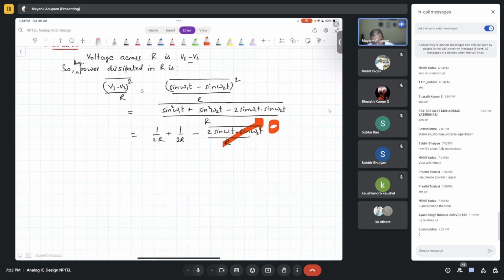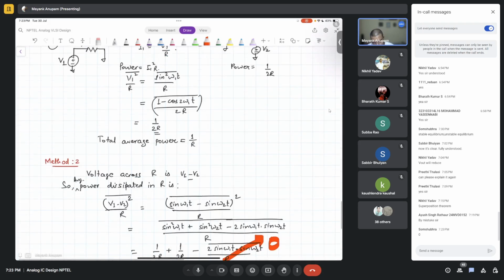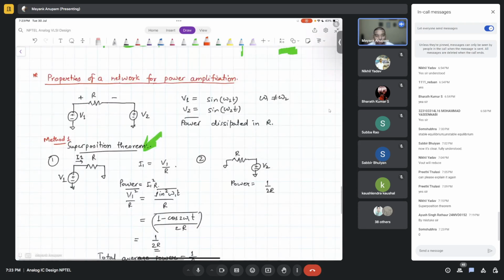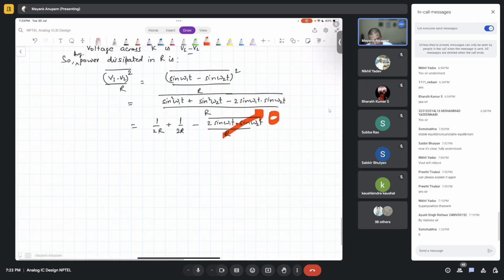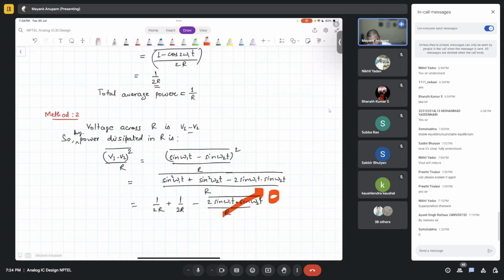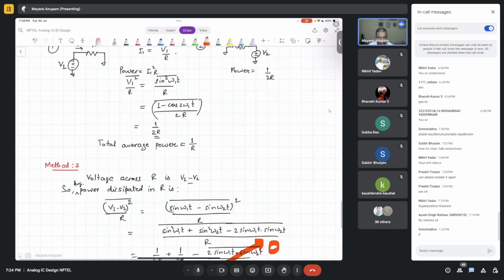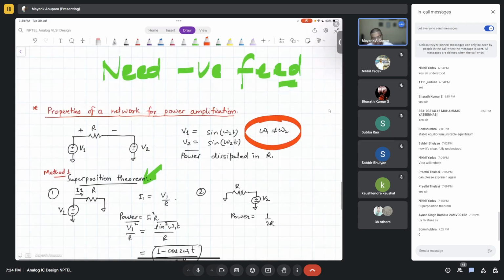It will be 0 because in sine of omega 1 t into sine of omega 2 t, since omega 1 is not equal to omega 2, this will simply factor out as an omega 1 plus omega 2 t term and an omega 1 minus omega 2 t term, both of which will be a certain integer number times t, which will simply become 0 after averaging out. That happened here because omega 1 and omega 2 were not equal.